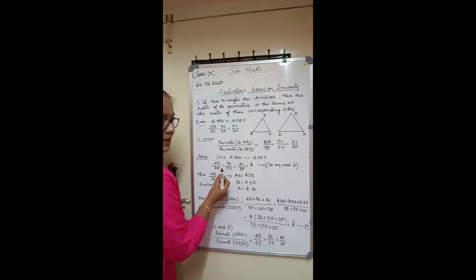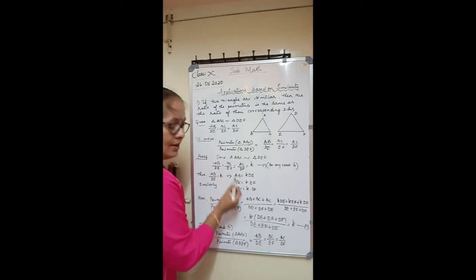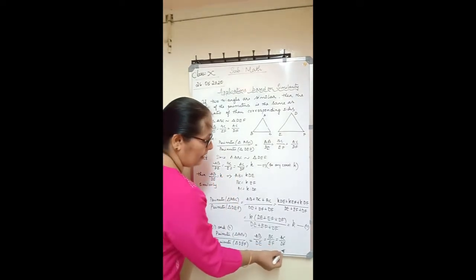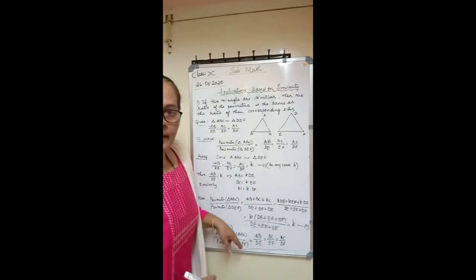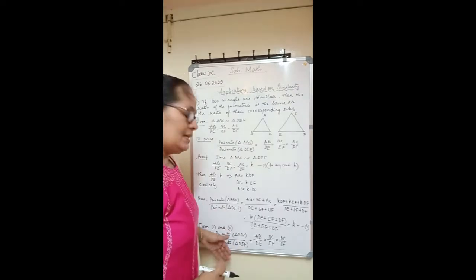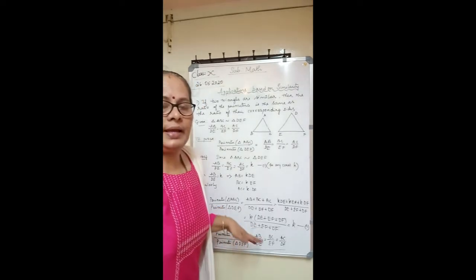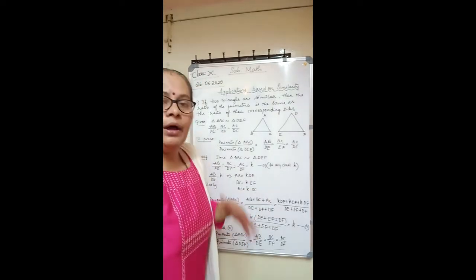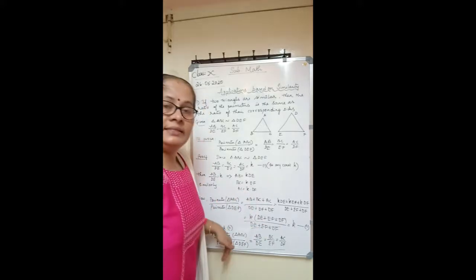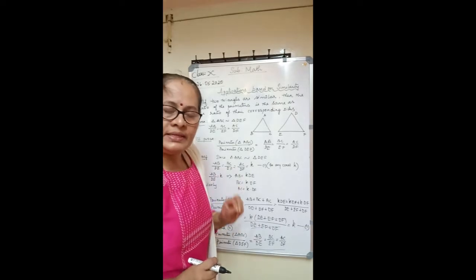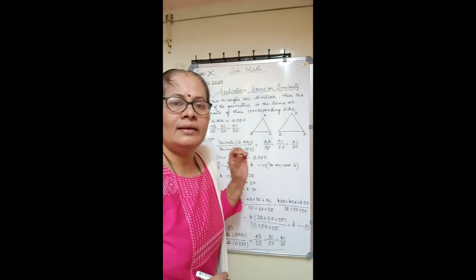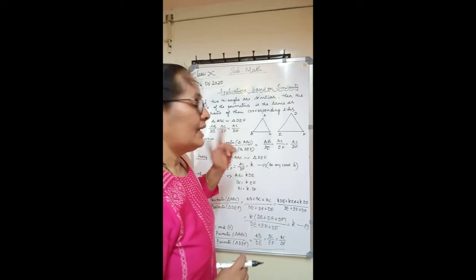K equals AB by DE equals BC by EF equals AC by DF. So using this formula, we can find out the ratio of the perimeters of the two triangles when the sides are given, or when the ratio of the perimeters is given, then you can find the sides of the triangle using similarity criterion. Now, second application.